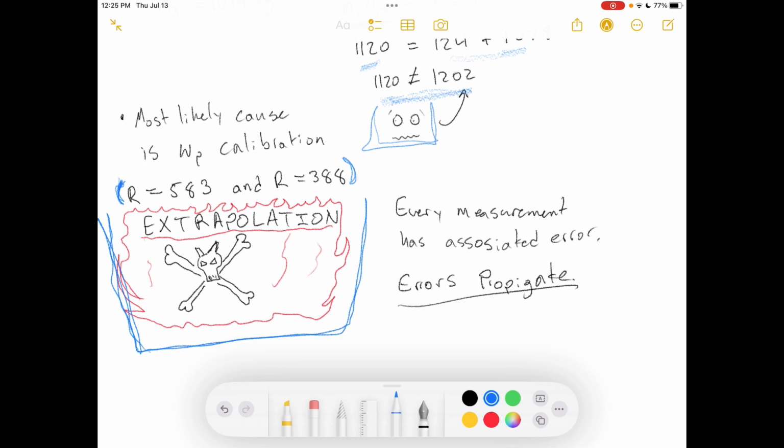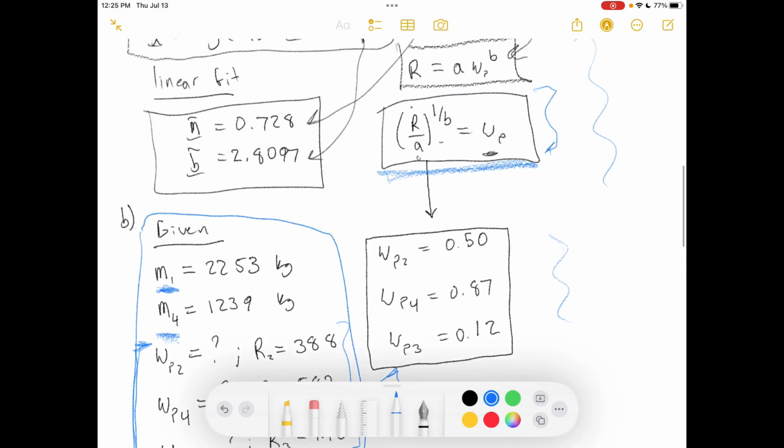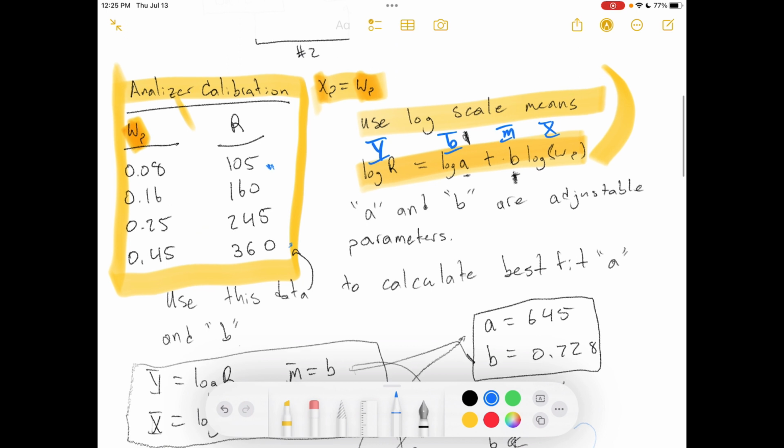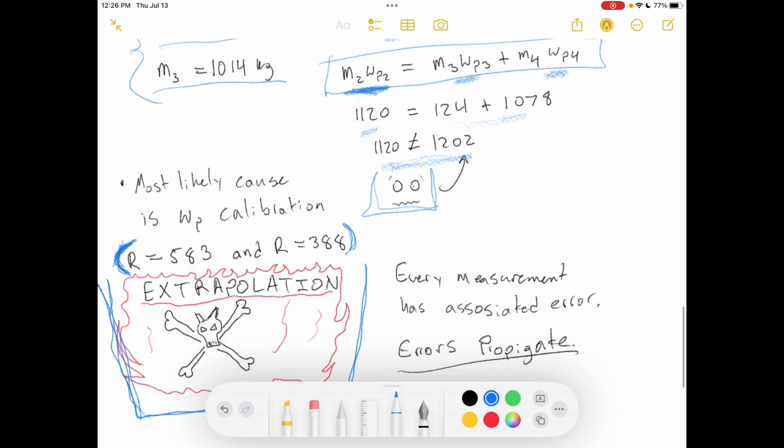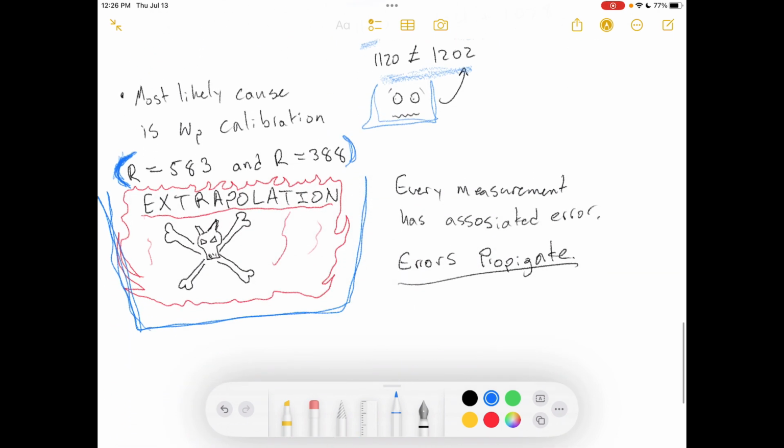If you are planning on using R values in this range, then your calibration should not be in this range. It doesn't even make sense. Why would you use a calibration that's way lower than the range that you're actually intending on using? As the mechanics say, there's your problem.